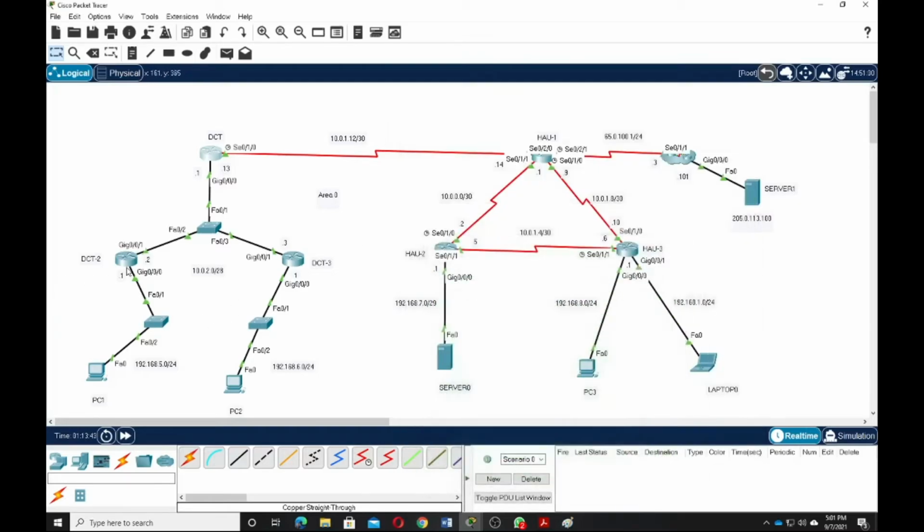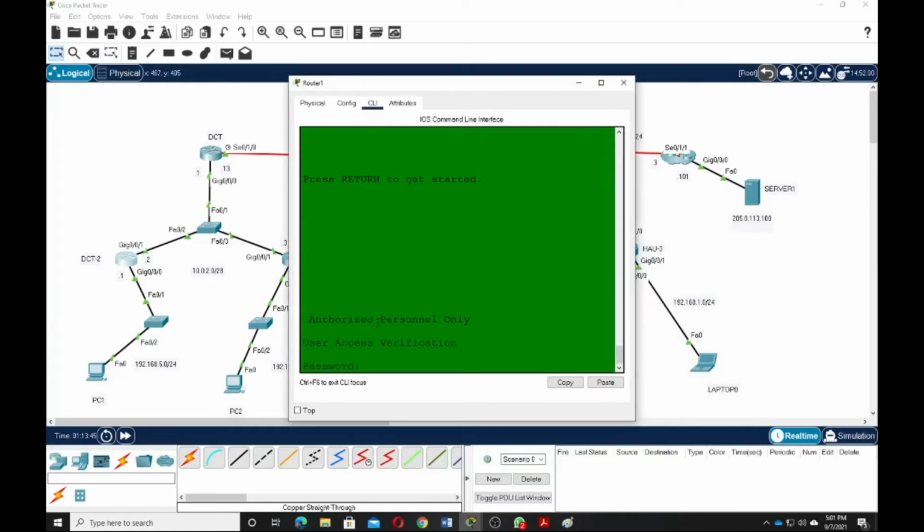And then here also, config the router OSPF 10, auto-cost reference-bandwidth 10,000 to make it 10. Okay, so end.